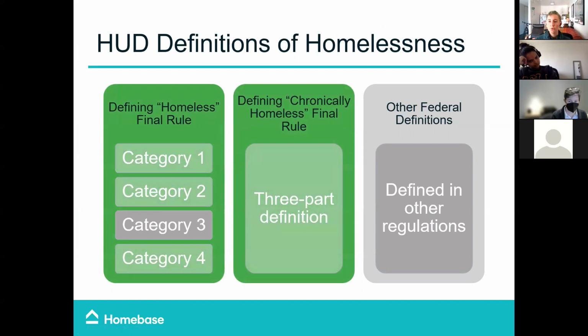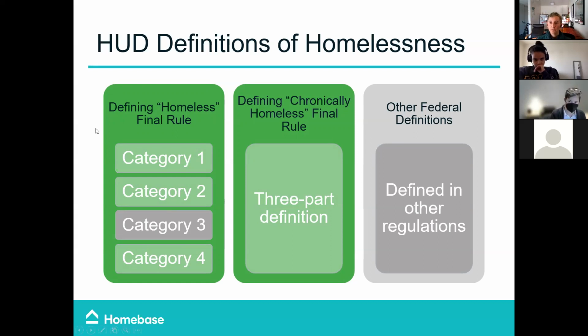We have two sources for these definitions. There is a final rule, a regulation that HUD published called the Defining Homeless Final Rule that defines the term homeless for purposes of CoC program funding. And then second, we have the Defining Chronically Homeless Final Rule, which defines the term chronically homeless for purposes of CoC program funding.